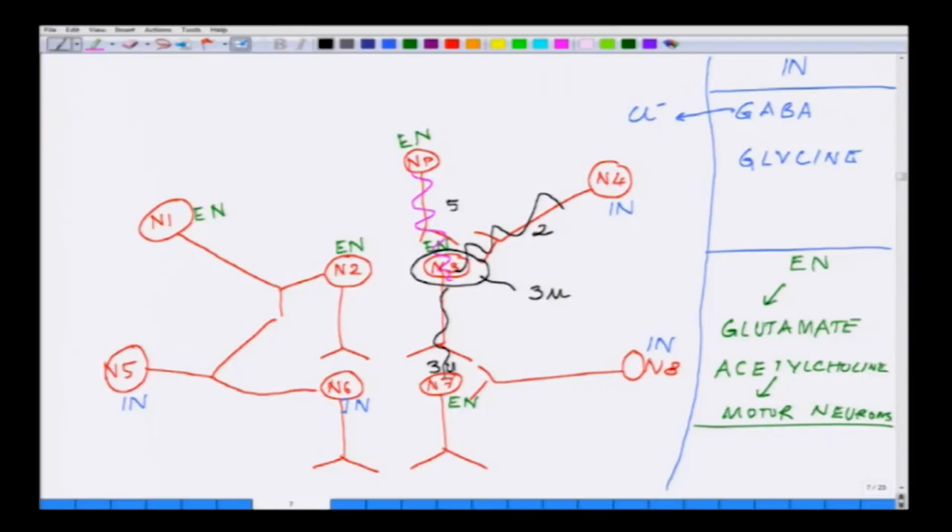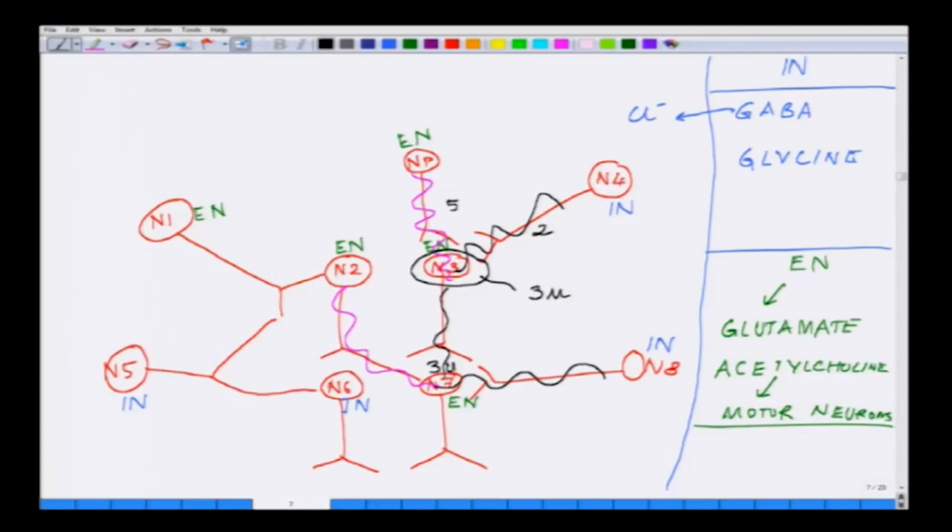Now, N7 out here is receiving an input from, say for example, let us make it a little bit more, 3 units from N3 and some XYZ units from N2. So, this one is also sending an excitatory signal to this one. Okay. So, now 3 units plus whatsoever units are coming from N2, but then there is an inhibitory signal coming from this one.